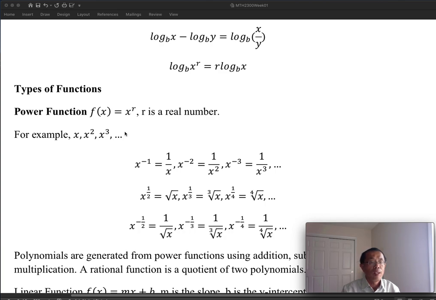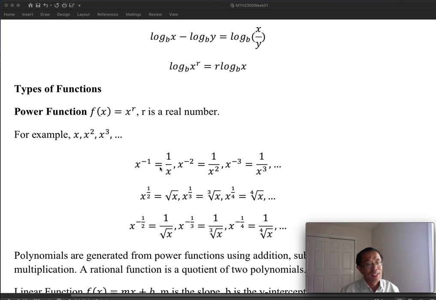And remember, an exponent could be positive, could be negative, could be a fraction. So indeed, r could be negative. x to the negative 1 is 1 over x, which is a rational function. In general, we don't consider rational functions the same as x squared, x cubed, they are totally different.